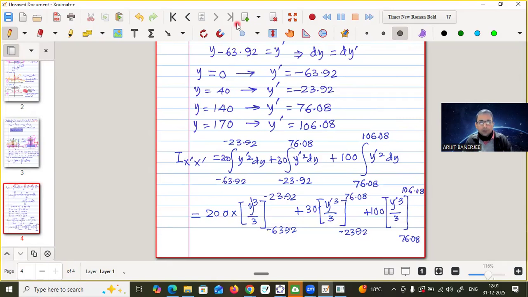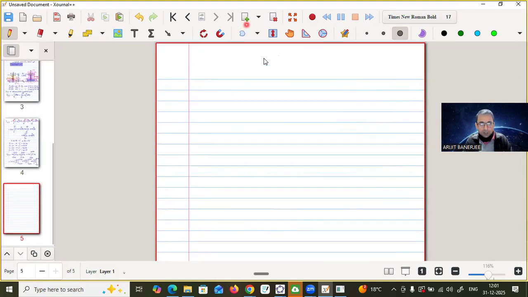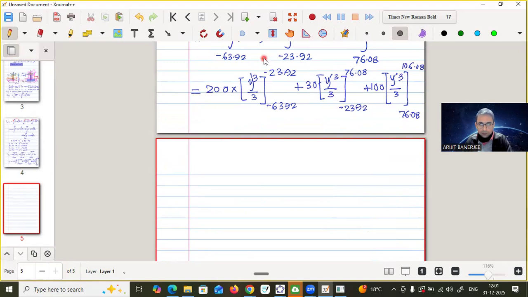Okay. How much is coming? Can you tell? 200 into minus 23.92 cube, the 3 can be brought here.